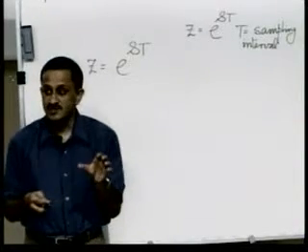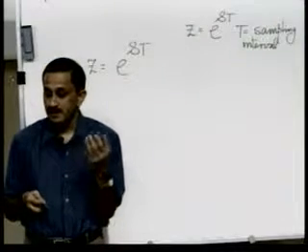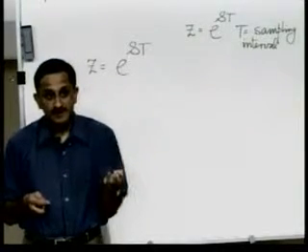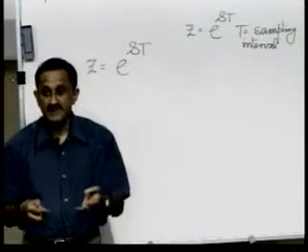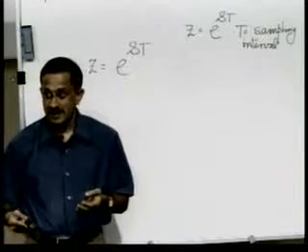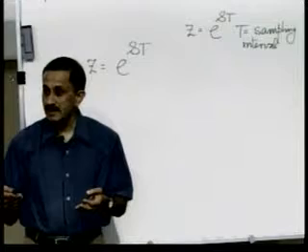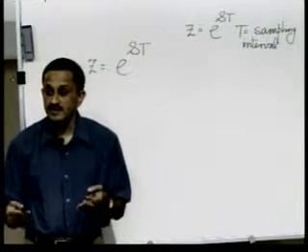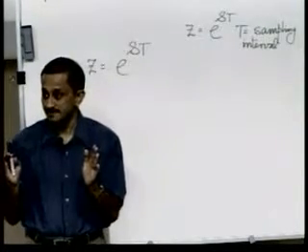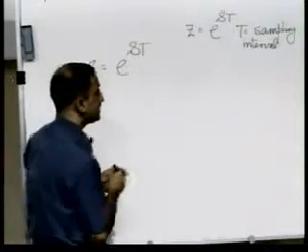It is always an expression with a region of convergence. In the case of the Laplace transform, the region of convergence related to the real part of s. And in the case of the Z transform, the region of convergence related to the magnitude of z. Now, let us take a cue from there.